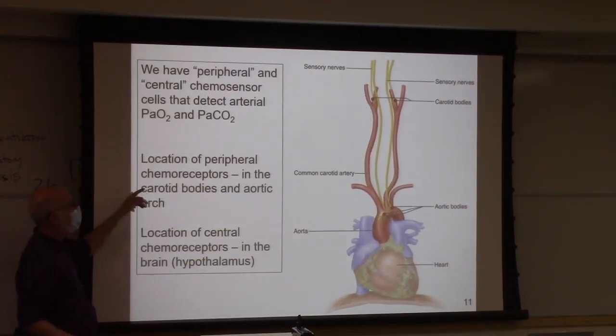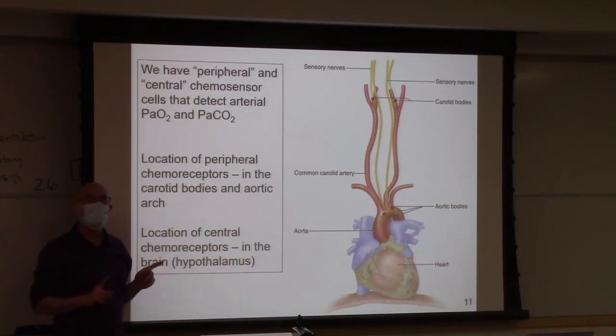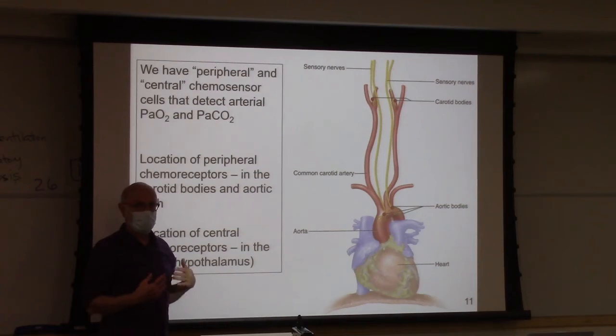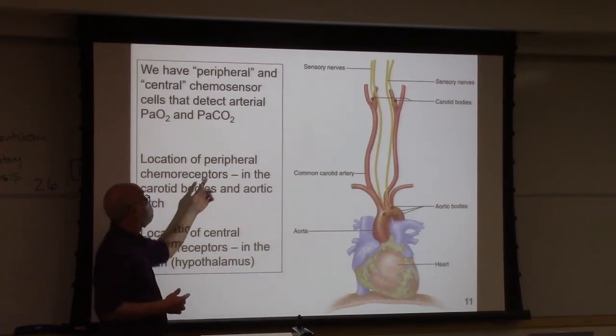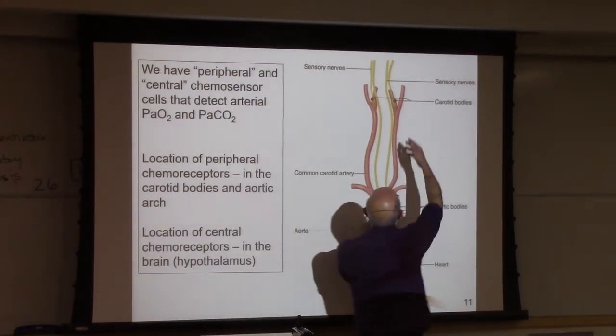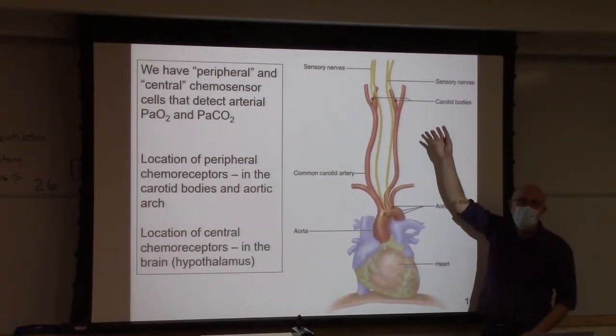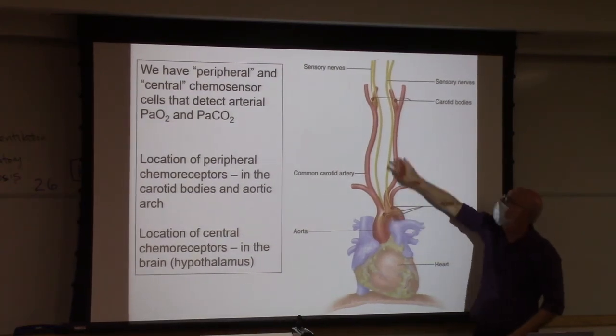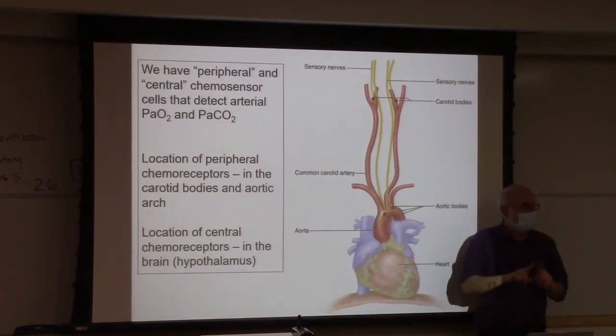We have two general classes of chemoreceptor cells. Some of them are called peripheral because they're not in the blood, they're in the endothelium of the aortic arch and the carotid bifurcation.